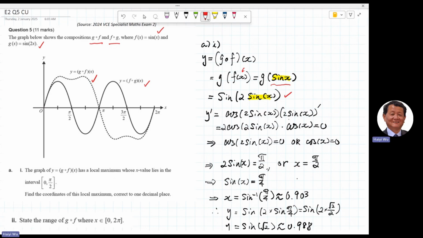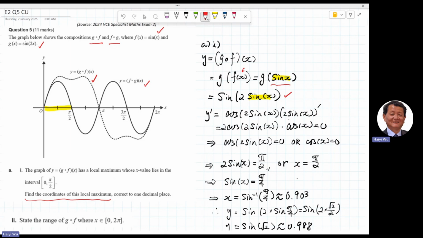Then we're going to find the local maximum, because the question also asks us to find the coordinates of the local maximum point. In order to find it, we see g circle f is only between 0 and pi over 2.